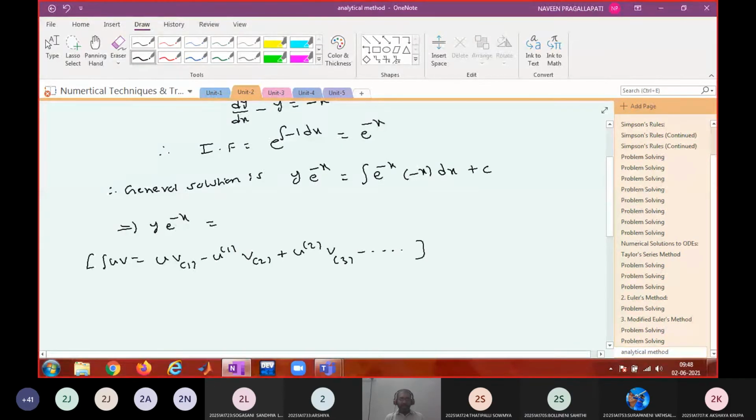So using this: minus x into the integration of e power minus x, which is minus e power minus x, minus the derivative of minus x, which is minus 1, into e power minus x, whose integration is minus e power minus x... plus the derivative of minus 1, which would be 0. Okay, so if I take e power minus x common, what do I get? Anyway, plus c is there, I'm going to find that out soon. So plus c.